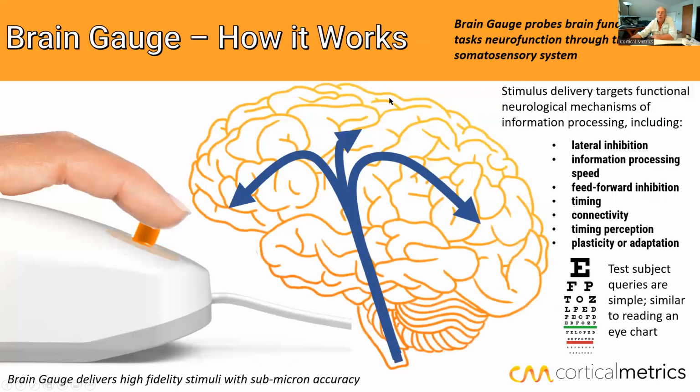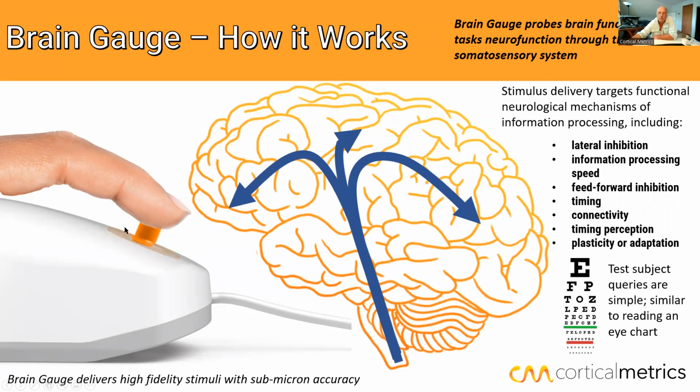So the first question I'm going to tackle: how does the brain gauge work? I mentioned we vibrate these probe tips on the brain gauge that activate nerves in the fingers, which project to places in the brain that we studied quite a bit. When we deliver these stimuli, these vibrations to the skin, to the two adjacent fingers, we ask a series of questions.